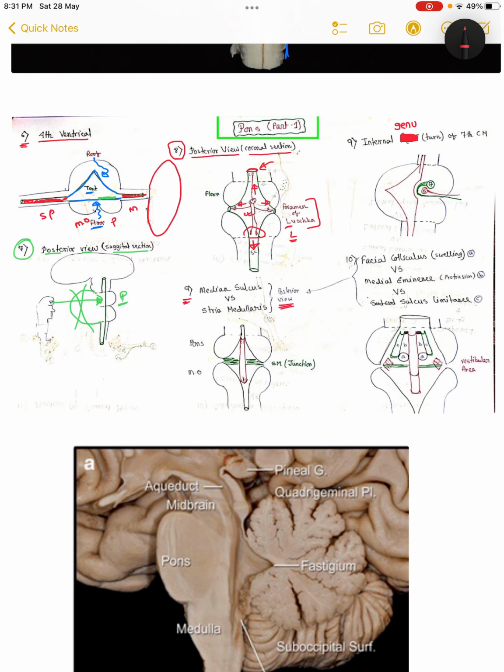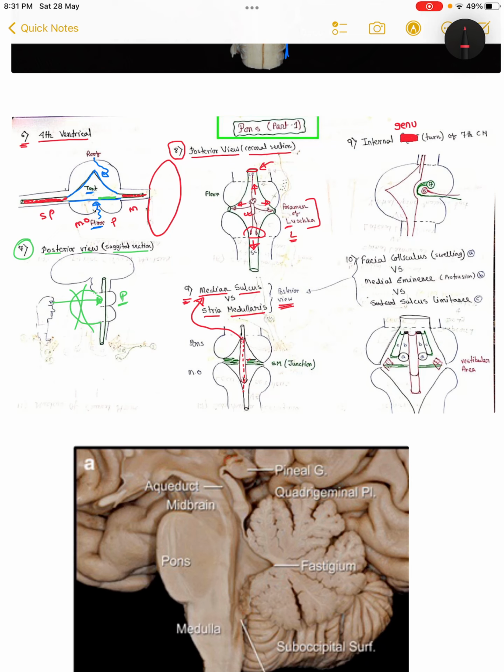So in the posterior view, we are going to find two structures known as median sulcus and stria medullaris. What are these? Let's see. Medially we are going to find a depression, and this depression is known as the median sulcus. No doubt about this. Medial depression, sulcus.